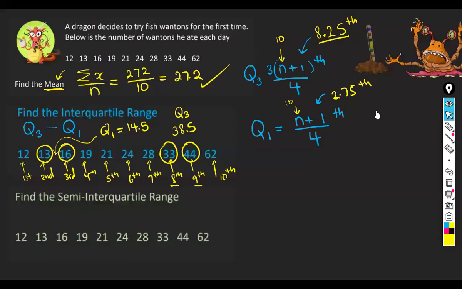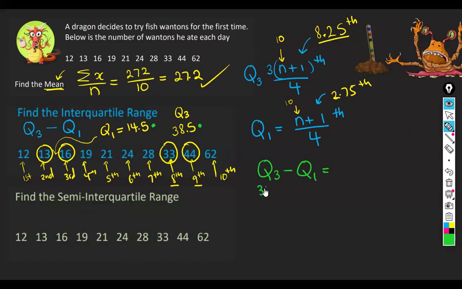So we have the answer for Q1 and we have the answer for Q3. Right. So to find the interquartile range, we have to take the answer for Q3 and minus the answer for Q1.